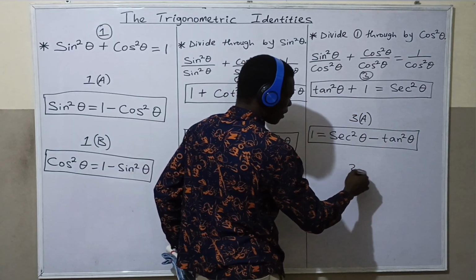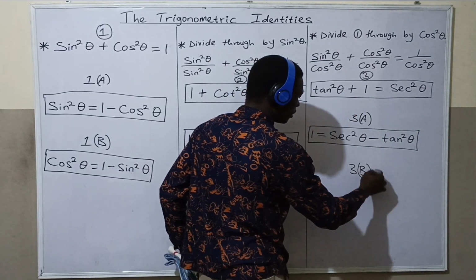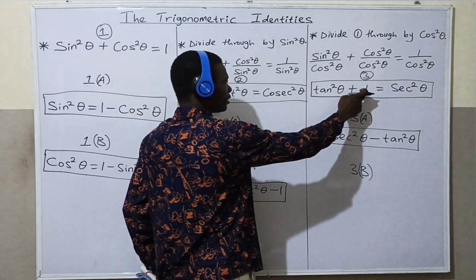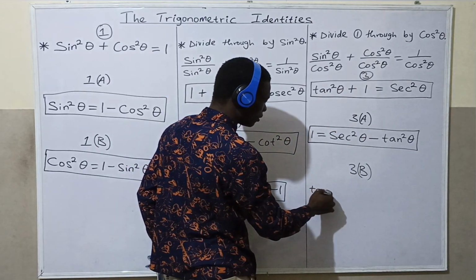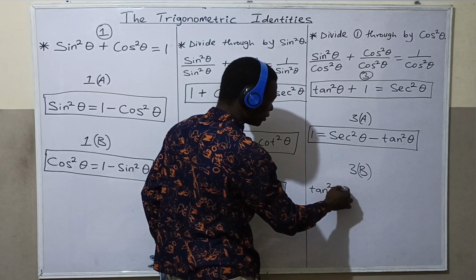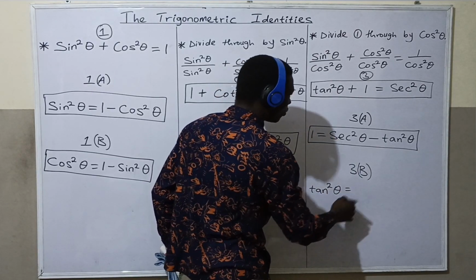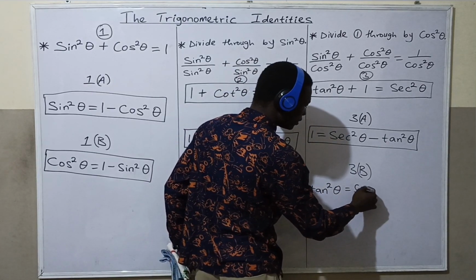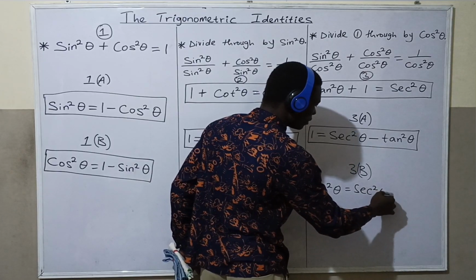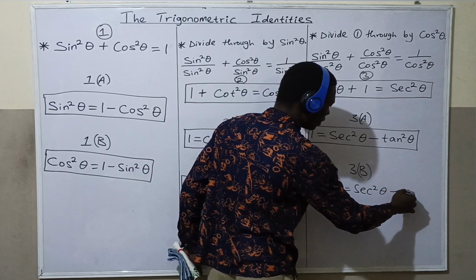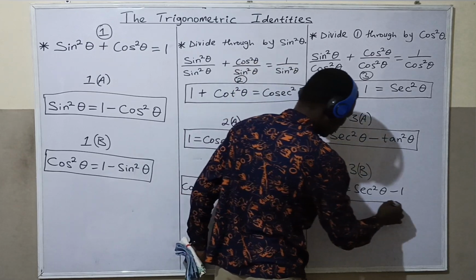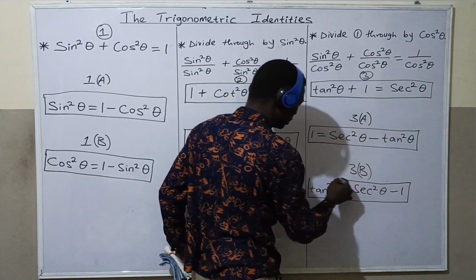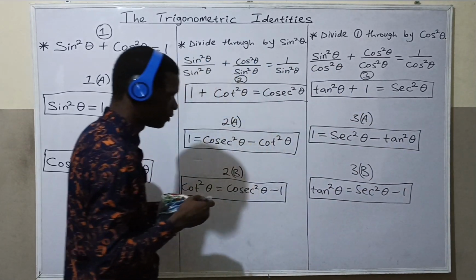Now, identity number 3b, instead of making 1 the subject this time around, we'll be making tan² theta the subject. So we'll be having tan² theta equal to sec² theta minus 1. And of course, this gives us the identity number 3b.